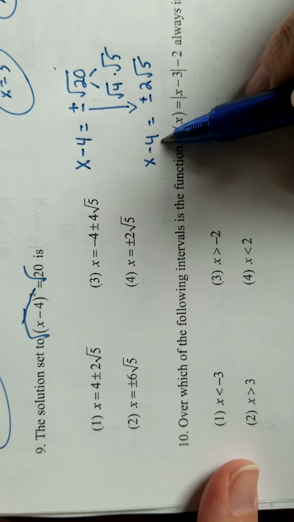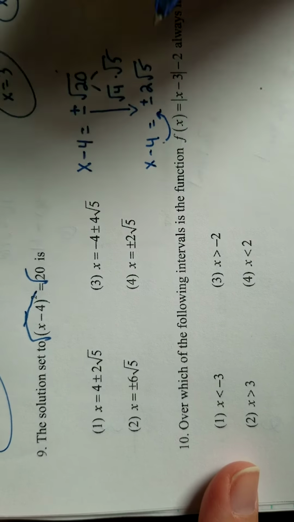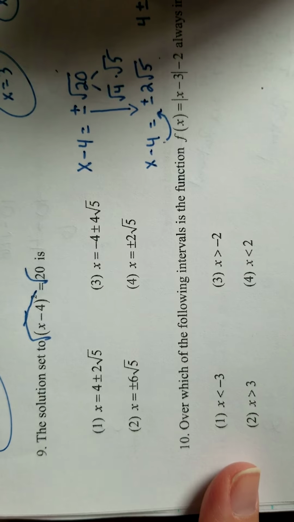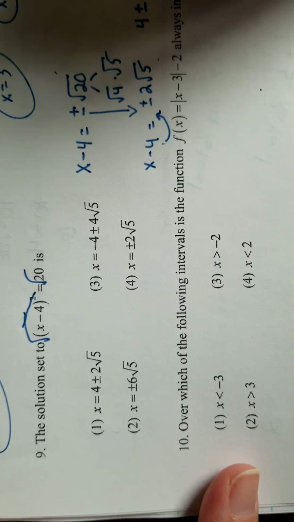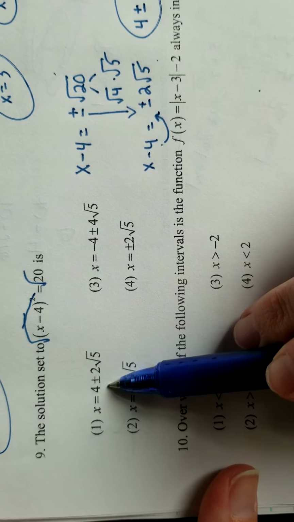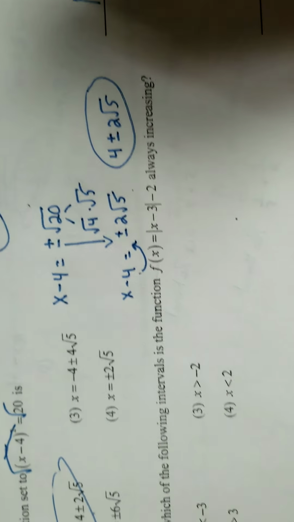We're going to have to add 4 to both sides, so we're just going to put it out in front. So 4 plus or minus the 2 square root of 5 is our two solutions. And that would be number 1. Put number 1 in the blank.